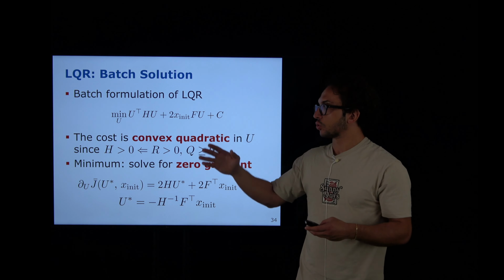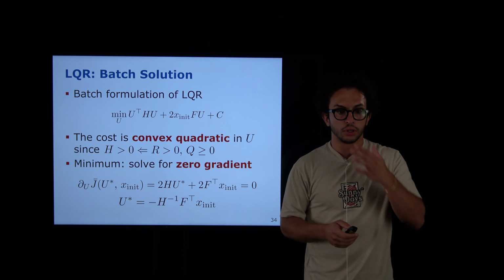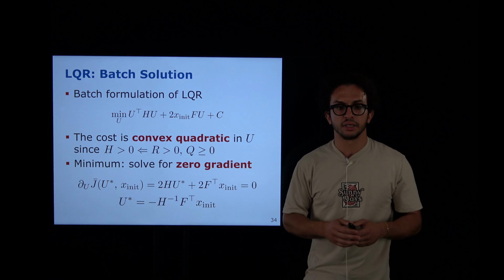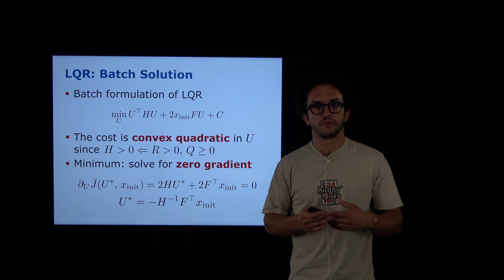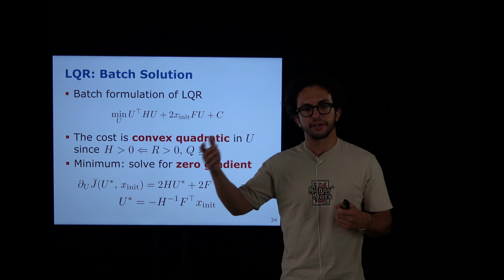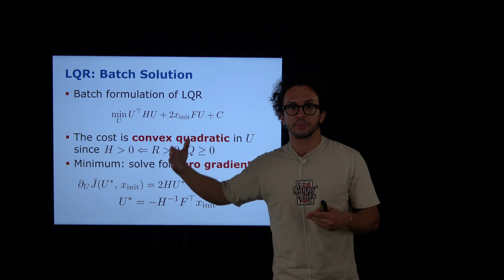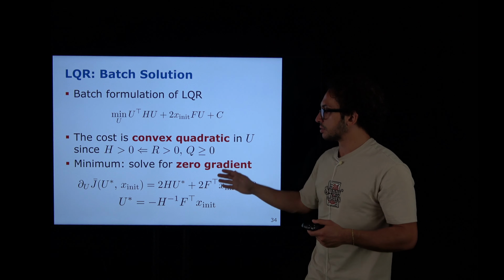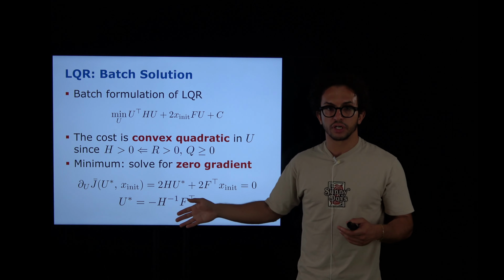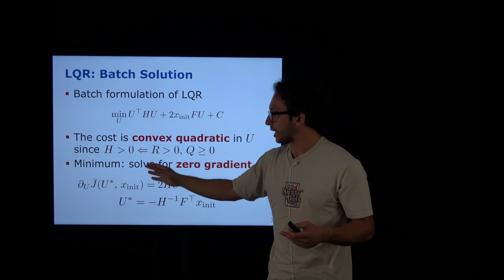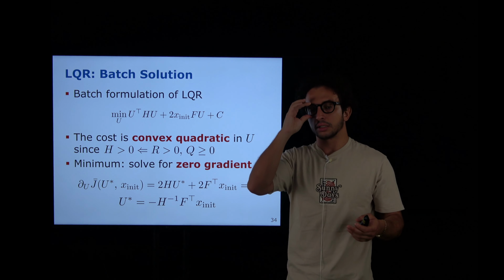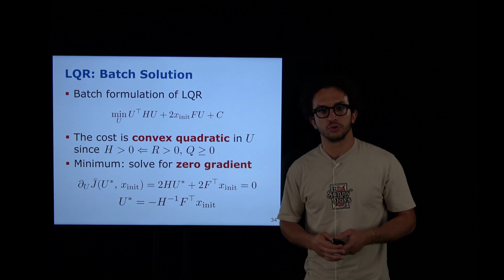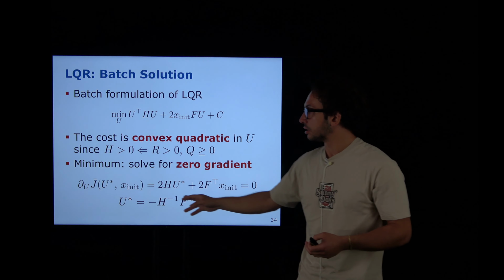And this cost function is convex quadratic in U, because H is positive definite, and the positive definiteness of the matrix H comes from the positive definiteness of other matrices that we've seen before. So now this is something we can solve. This can be solved by setting the gradient to zero. The optimization variable is U, so we can take the partial derivatives with respect to U, and we get something like this.